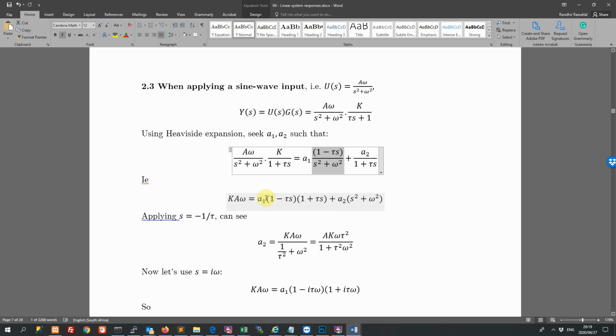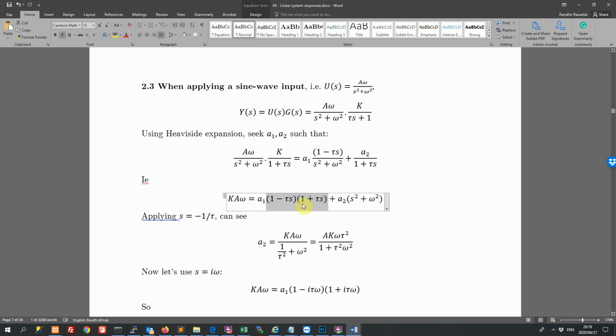And you can sort of see here why it was chosen in this way, why we chose 1 minus tau s here in this numerator. And that's because when we multiply these out, even if s is imaginary, then that's going to cancel here, right? Well, anyway, let's do it.